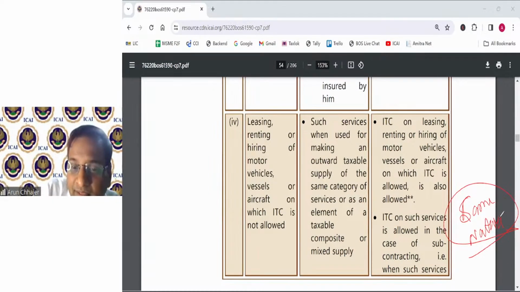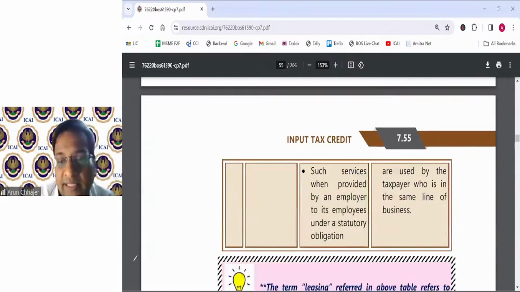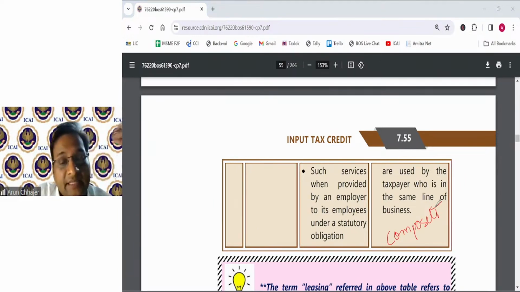That is, when such services are used by the taxpayer who is in the same line of business, correct? And here the concept of one more point may come: composite supply or mixed supply. If you are providing it as an element of the composite or mixed supply, then also you can take the input tax credit.